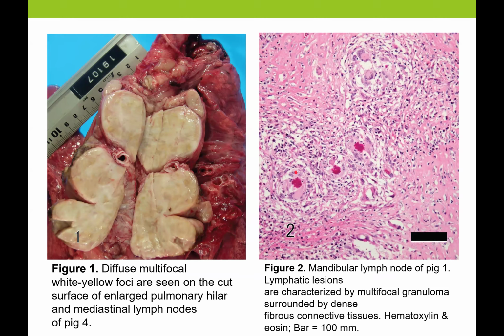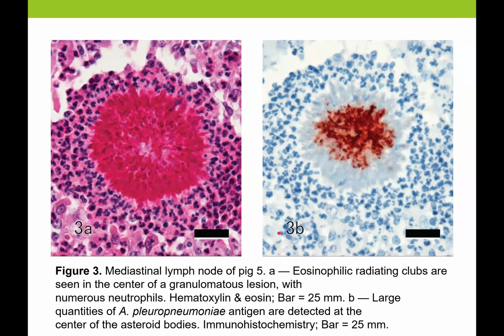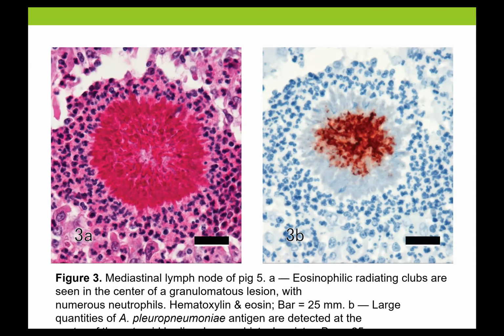And then you will notice there are some pink lesions in the center of the granuloma. These are what we call the eosinophilic radiating clubs. These are pathognomonic for Actinobacillus. When we say pathognomonic, the G is silent, they say.